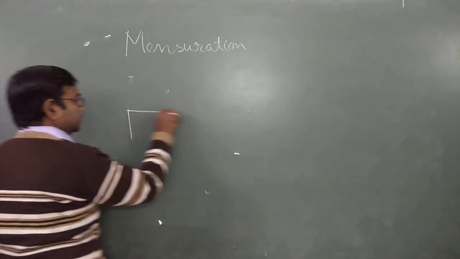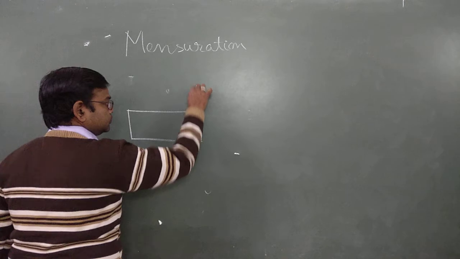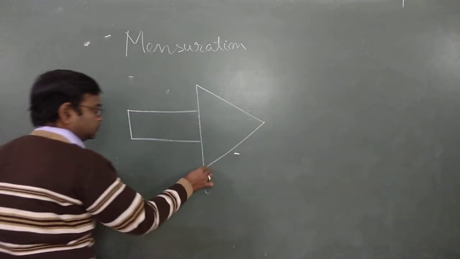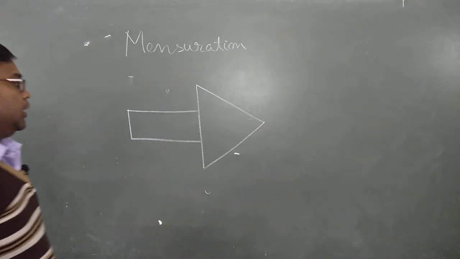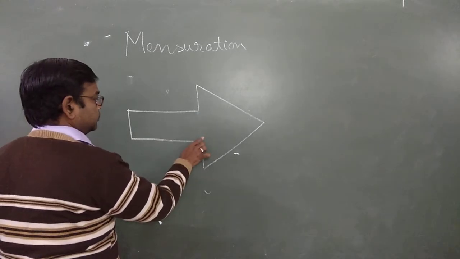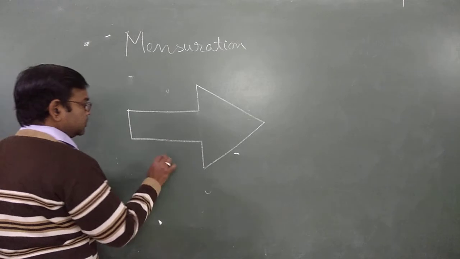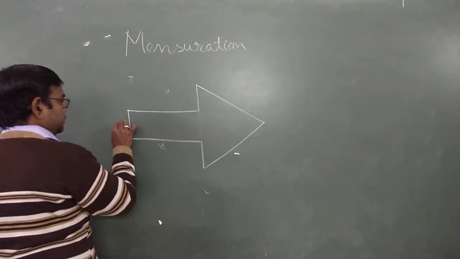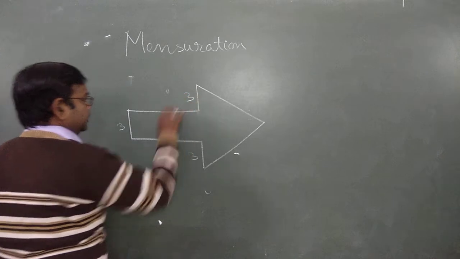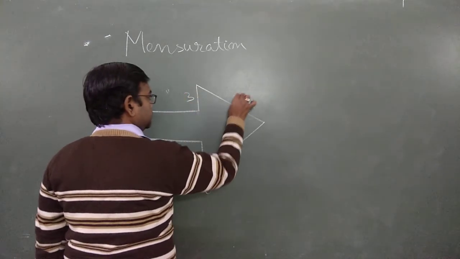Suppose there is a figure that looks like this one, and measurements are given to you. Clear? Suppose I am using some 8. This one is 3. This one is 3. And this is 9.